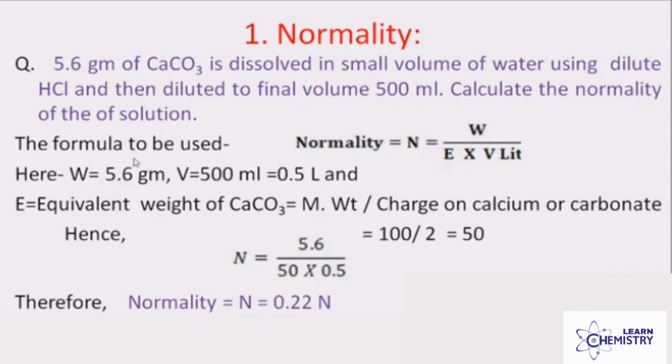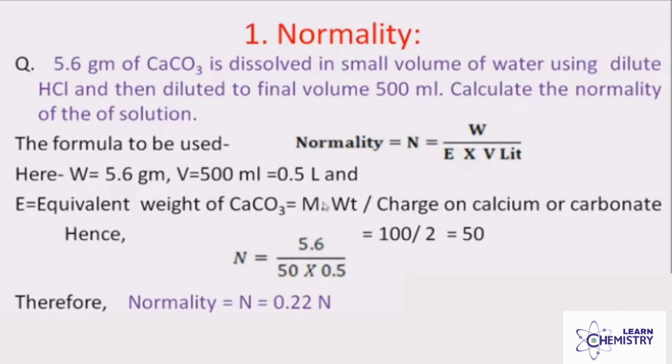Here in this case, the formula to be used is normality is equal to weight upon equivalent weight into volume in liters, where weight is given as 5.6 grams, volume is 500 ml, that is 0.5 liters, and equivalent weight of calcium carbonate we can calculate by using the formula, molecular weight upon charge on either calcium or carbonate.